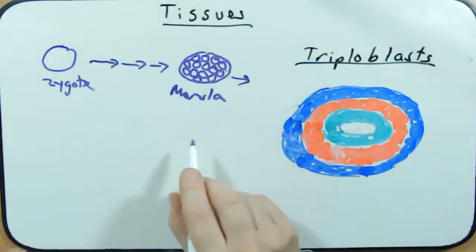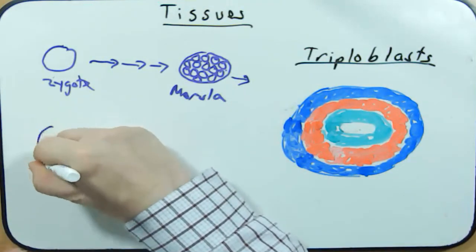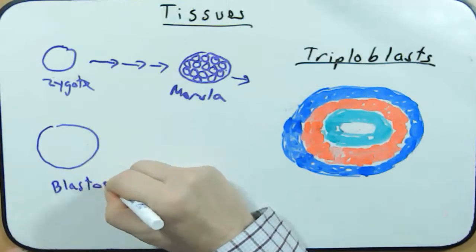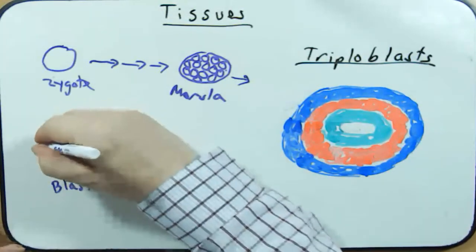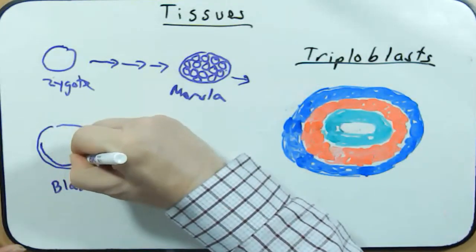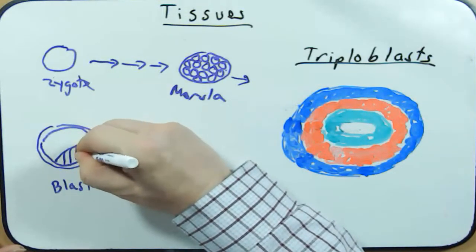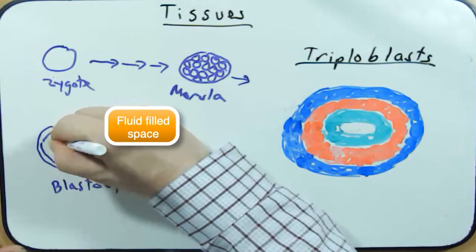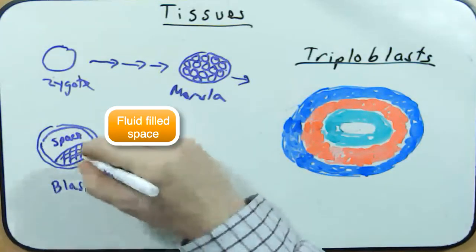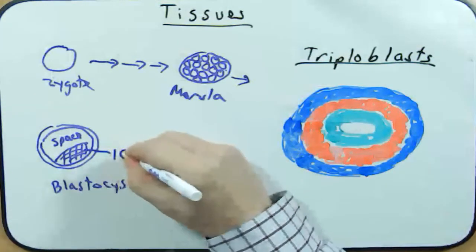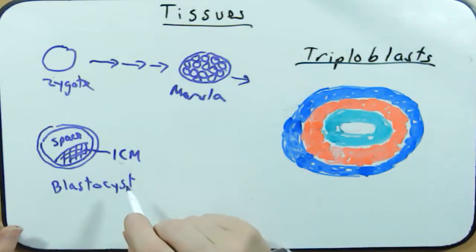Then this morula stage will form what we call the blastocyst. And essentially what the blastocyst will do is hollow out the inside, leaving this mass of cells in the middle. So here, this is just space. And this mass of cells in the middle, which we call the inner cell mass, I can't imagine asking you that on an exam, but I guess I could.